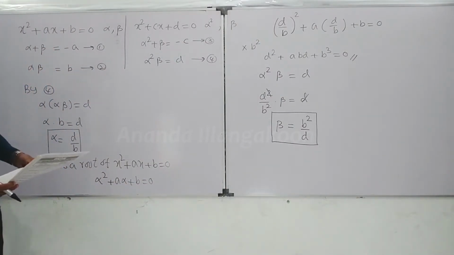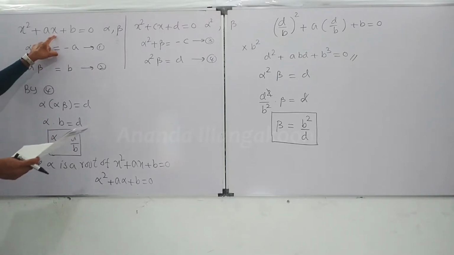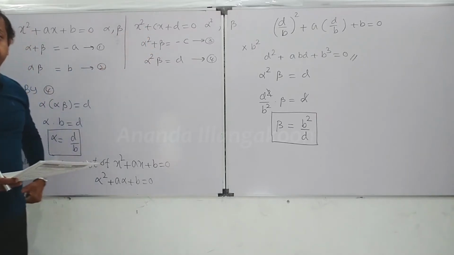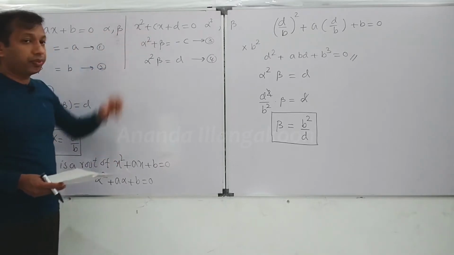Now this beta is a root of this equation as well as a root of this equation. So beta must satisfy both equations, this and this, right?